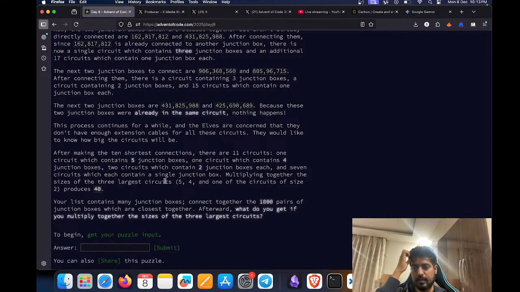Multiplying together the sizes produces 40.